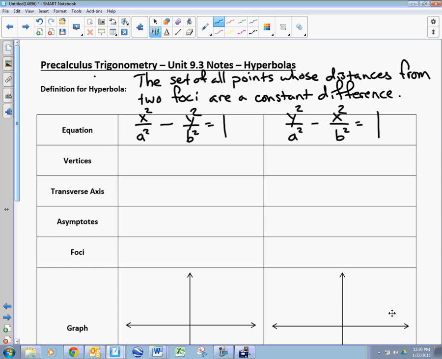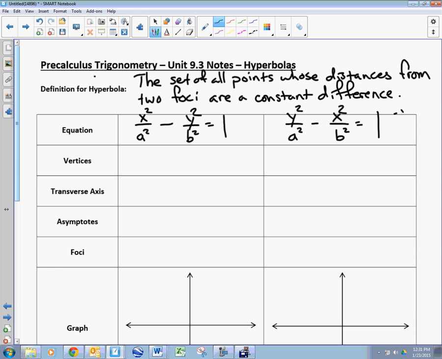What's the difference between the two equations? I need something more mathematical, because I can put the x in front.